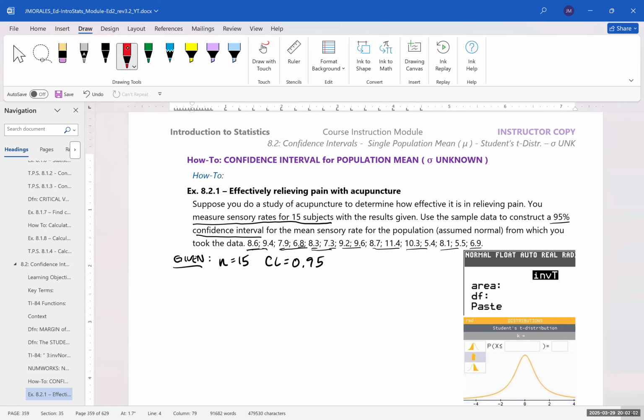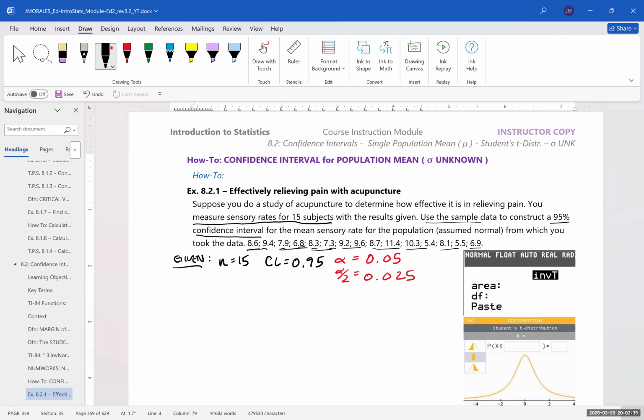So we're going to need our significance level, which will be 5%, because 0.95 plus 0.05 will add up to 1. All right, and because it's two-tailed, we want to take the significance level and divide it by 2. So half of 0.05 is 0.025.